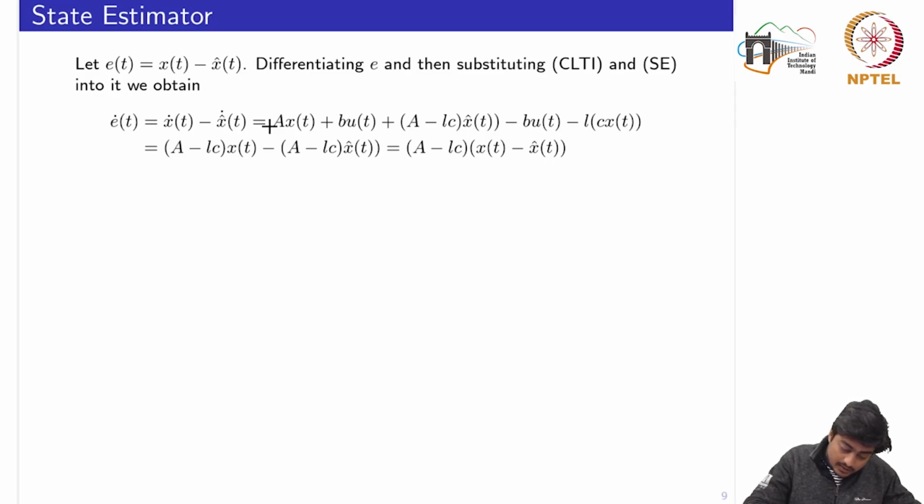So x dot is only this part and x hat dot is this one, which is the parameterized one which we had seen in the second figure: (A minus LC) x hat plus Bu plus L C x of t. So I will start clubbing the terms. Here we have A.